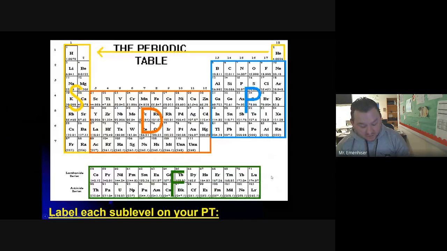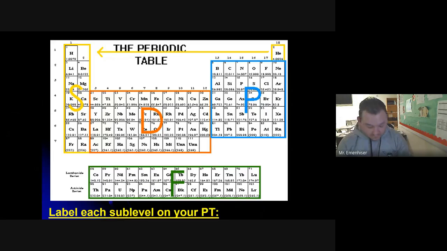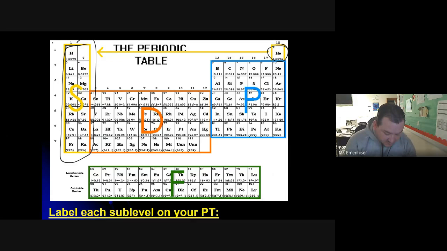Here is the periodic table arranged by sublevel or by shape. So this yellow region are S block elements. It also includes helium. Let's label it. This is the 1s. The next level is the 2s. This is the 3s. Potassium is the 4s, 5s, 6s, 7s.